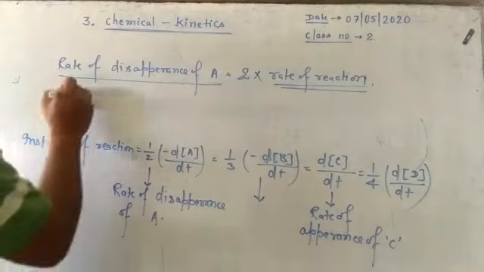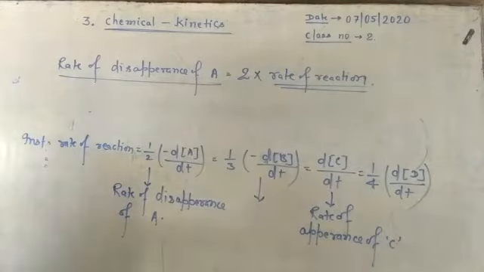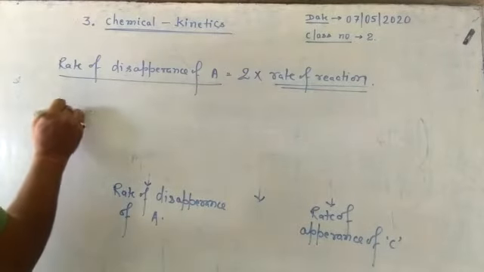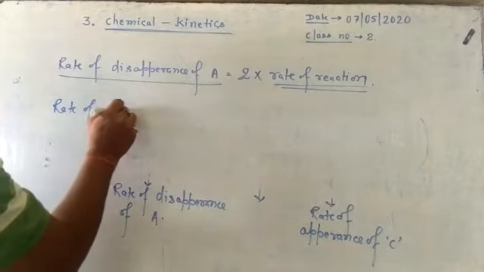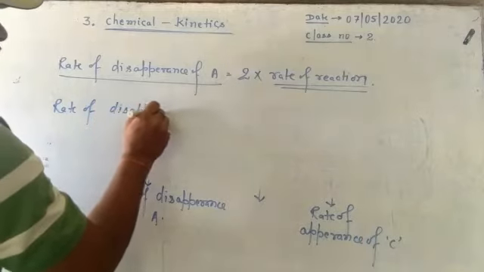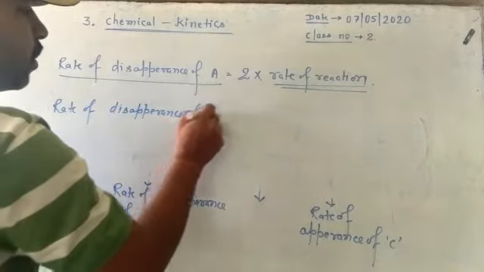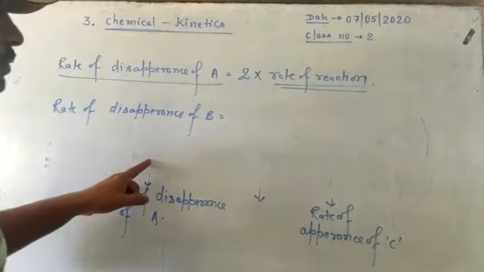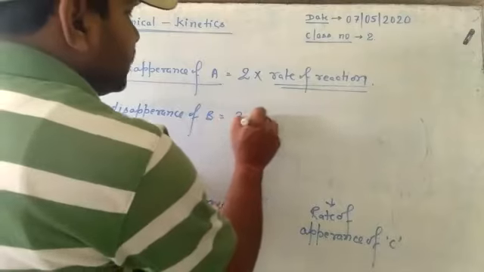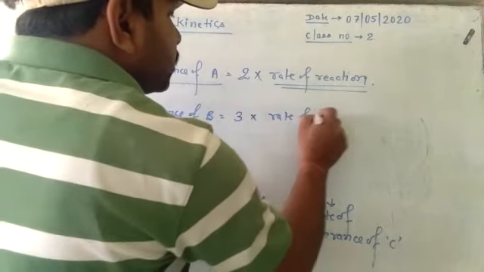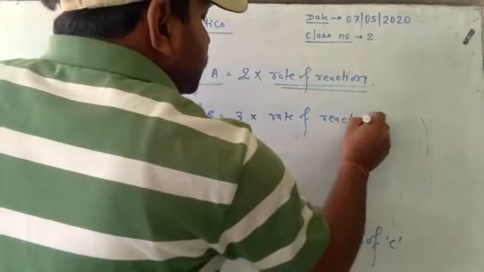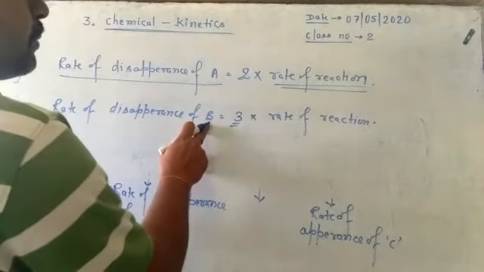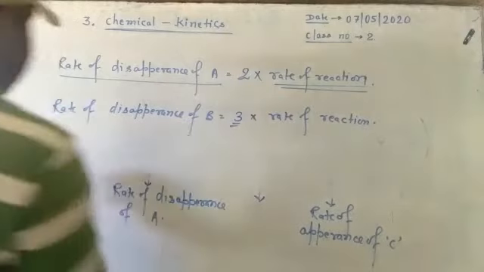Now in the same way, the rate of disappearance of B is 3 into rate of reaction, because 3 is present before B, which is the coefficient.